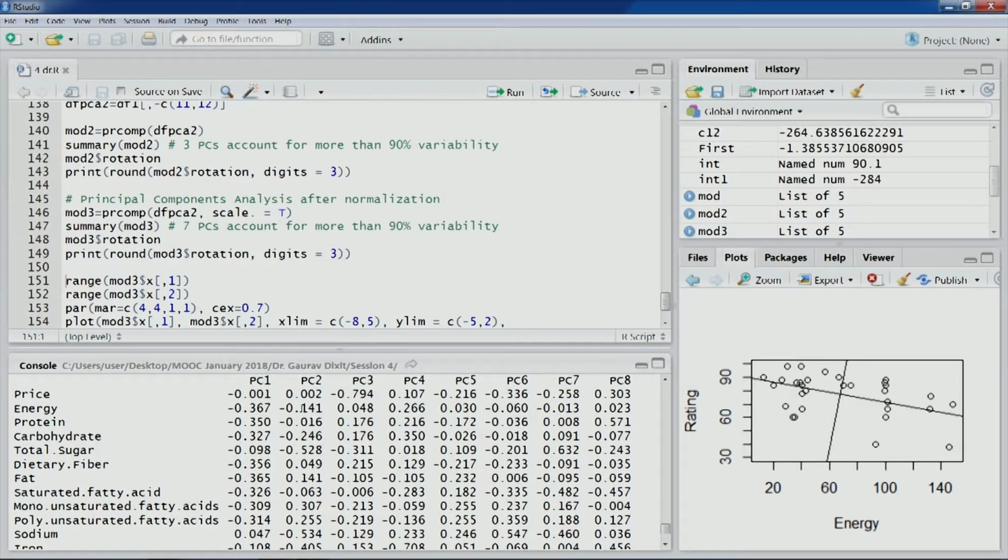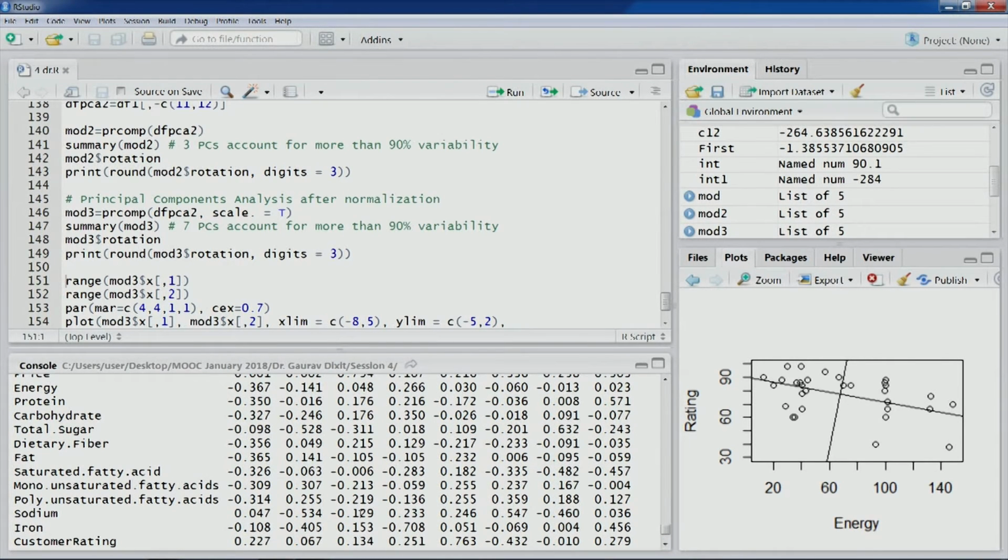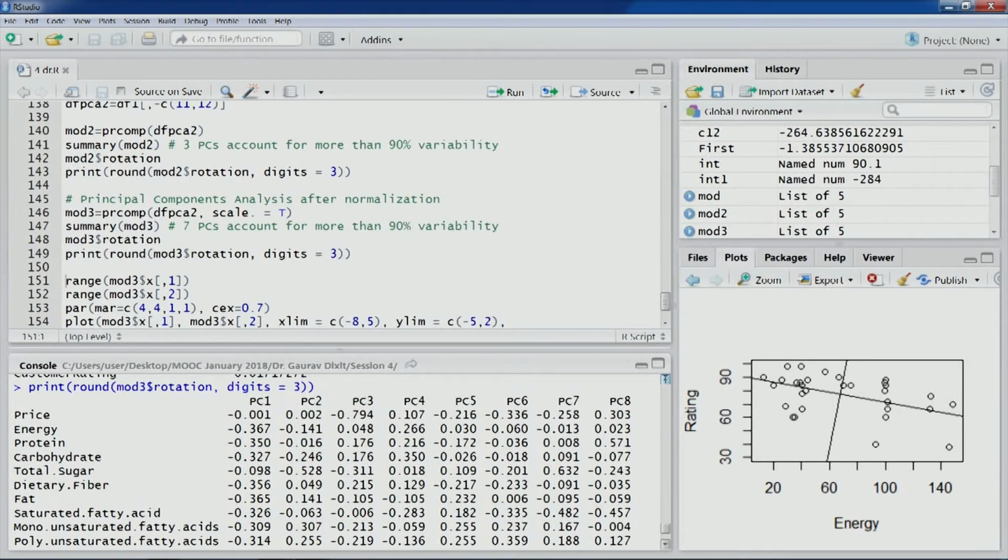And if you look at PC2, then sugar is dominating this particular component, with 52 contribution coming from sugar. Then if you look at the other numbers, you would see sodium is also there. Sodium's number is even bigger than sugar's. So sodium, sugar, and then iron are dominating PC2.